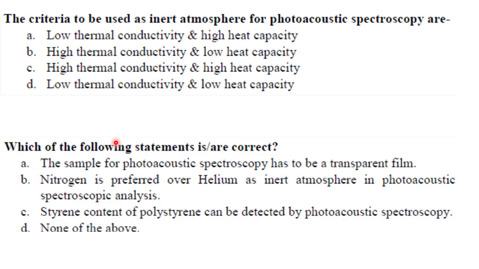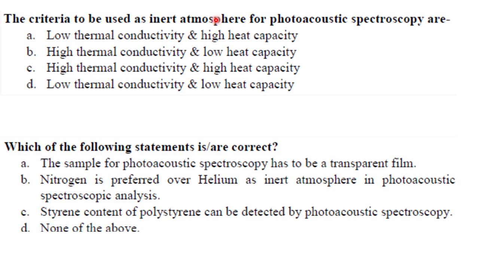So here I have set a few questions about Raman and PAS. The first one: the criteria to be used for an inert atmosphere for photoacoustic spectroscopy. We have discussed that an inert atmosphere is required, and why helium is important rather than nitrogen. What are the criteria for that inert gas?